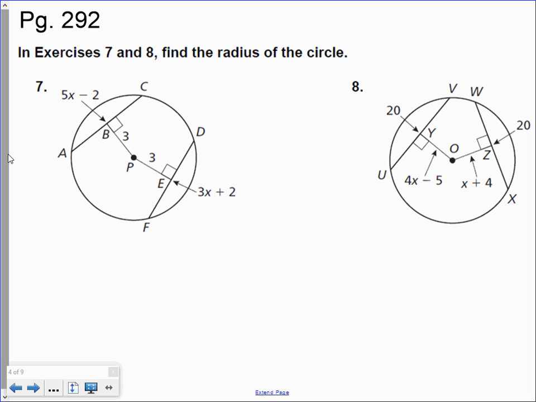You guys learned a theorem yesterday that said if you have a radius in a circle, now they only ever show you like a piece of the radius. So like PE is a piece of your radius. But we learned a theorem that said if that radius is perpendicular to a chord, then it splits that chord in half. So like DF right now is being split into 2 equal halves.